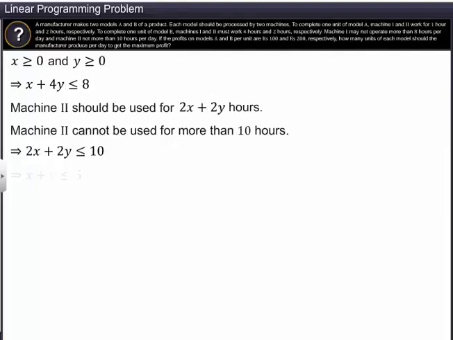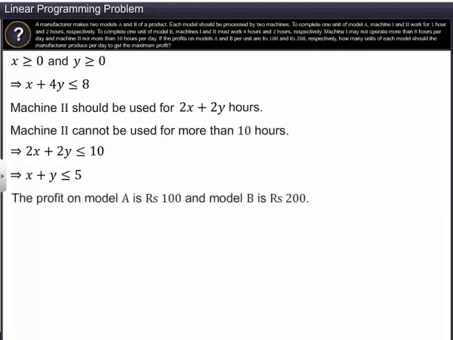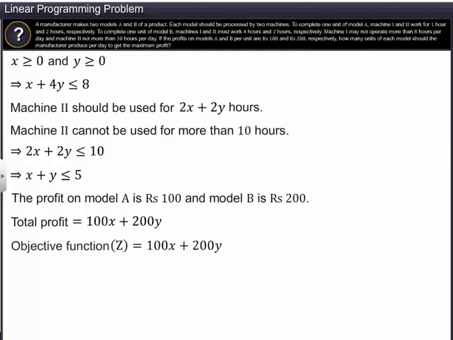This can be simplified to x plus y is less than or equal to 5. It is given that the profit on model A is Rs 100 and on model B is Rs 200. And hence, the total profit is 100x plus 200y. This is the objective function.